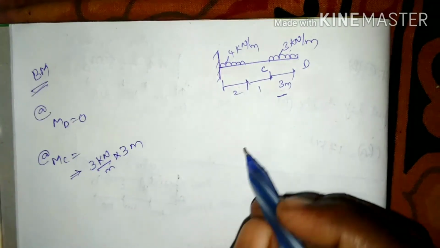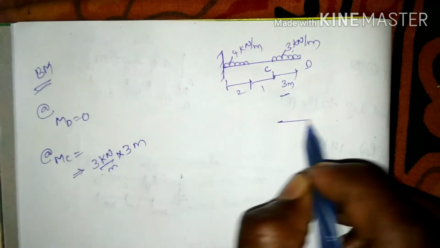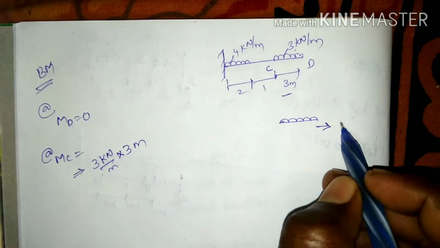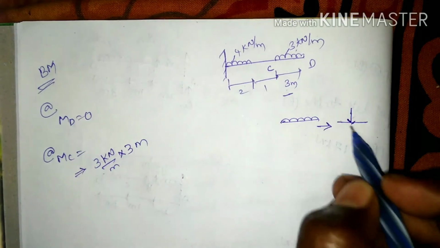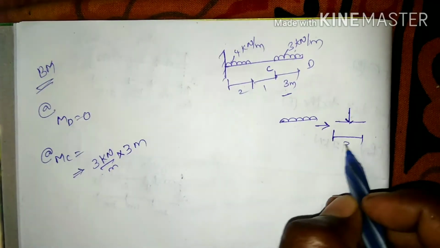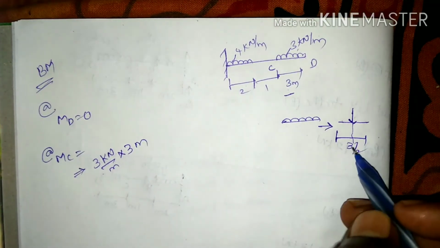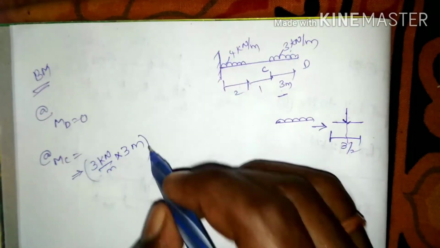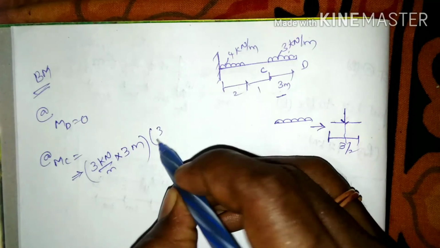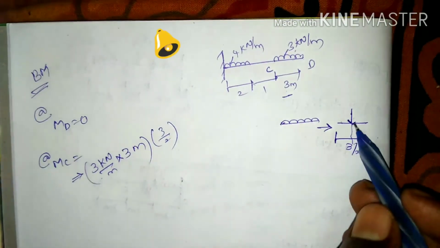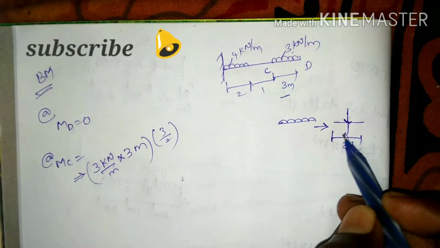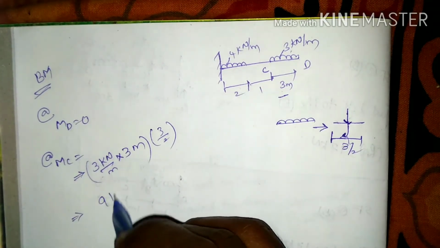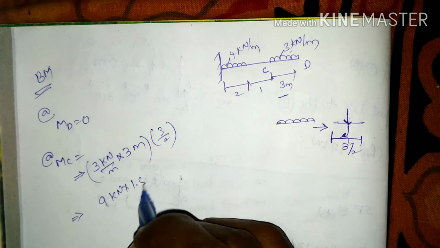The point load exactly acts at the center of the span, that is at a distance of 3 by 2. So this is going to multiply with 3 by 2, because the moment is taken with 3 by 2 distance, the value is 9 kilonewton into 1.5.